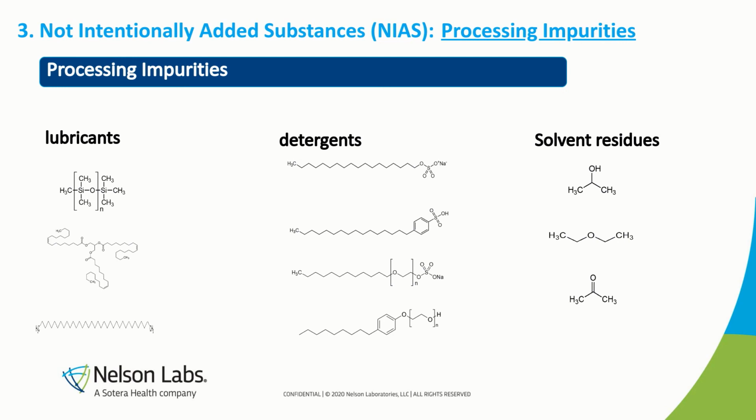Sometimes you need lubricants in your process, and they can be silicon-based, mineral oil-based or organic oil-based, and you want to remove them with detergents. Sometimes you see residues of those. You see cationic, anionic, or non-ionic detergents, or sometimes the material is cleaned with a solvent. You can see ethers or isopropanol or methyl ketone, dimethyl ketone.